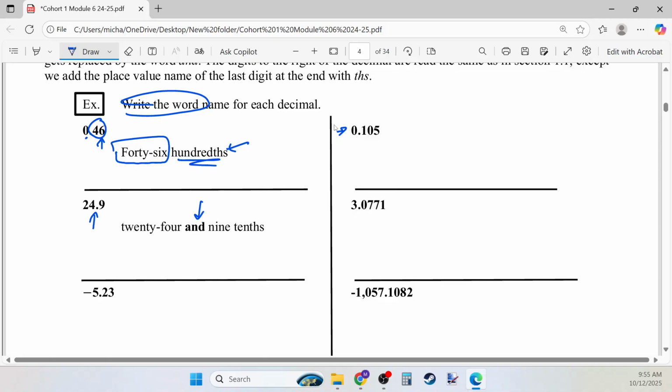Now, in practice, I say and a few other times when I say a number in words, but your computer grader will not accept ands in other places than right there where the dot is. So let me give you an example of that before we do one of these problems. If you're writing out this number, let me change it to this number.